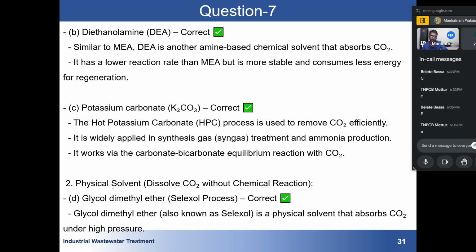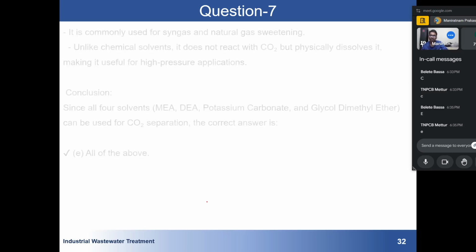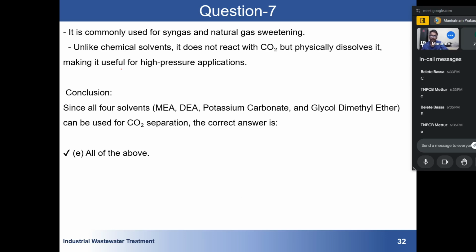Okay. Then we have physical solvents, that is glycol dimethyl ether. This is a physical solvent that absorbs CO2 under high pressure. It is commonly used for syngas and natural gas.